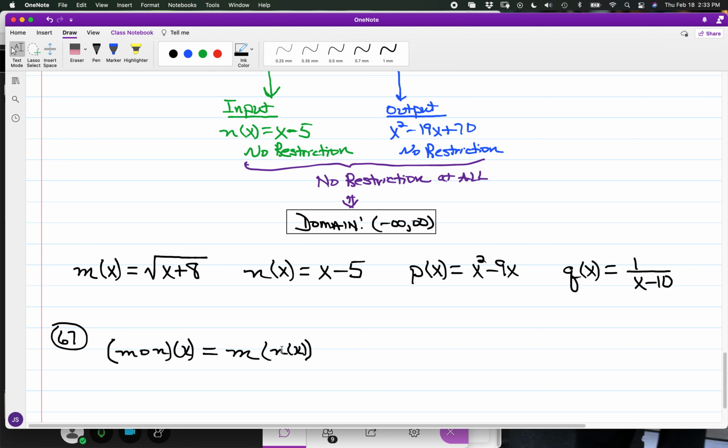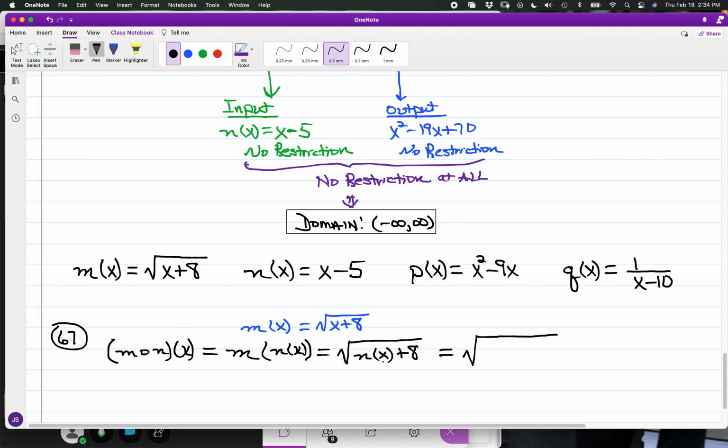All right. So this time your output function is going to be m, so you have a different operation here. m of whatever the input is equals the square root of the input plus 8. And for m of n of x, we have the square root, where n of x is going to represent the input.